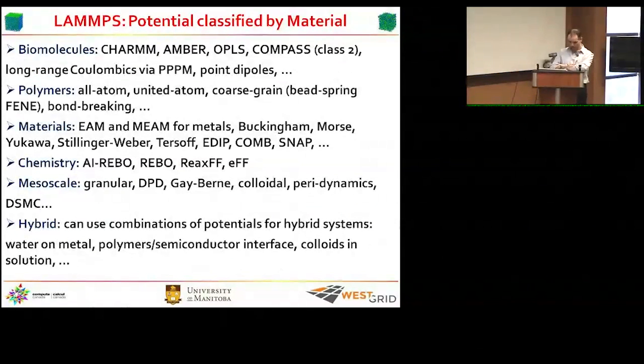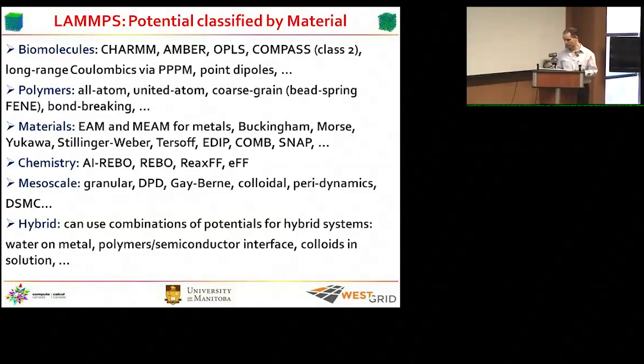So just a few minutes we have. In LAMMPS there are many potentials. There are potentials for biomolecules like CHARMM and AMBER. It supports those force fields or interactions. Long-range interactions, Coulombic interactions. There are potentials for polymers.